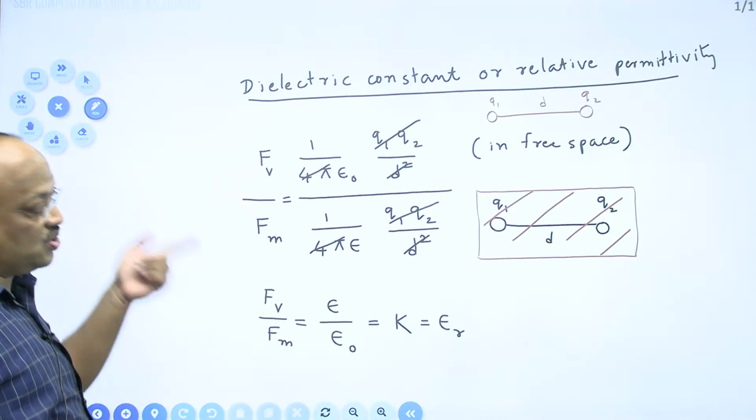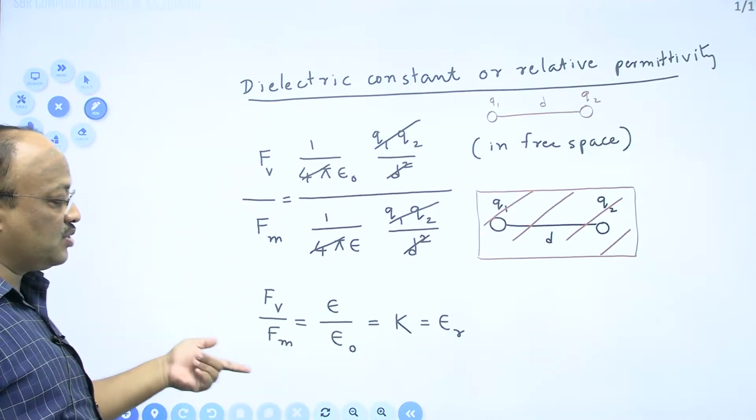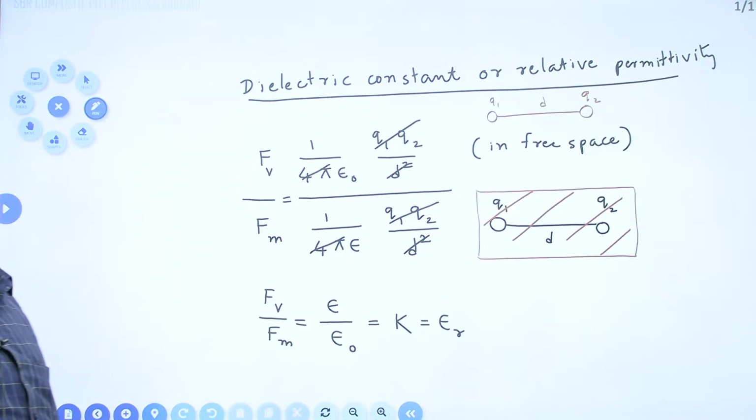Or even the dielectric constant we can define in terms of force also.